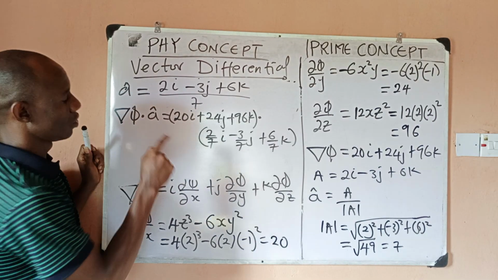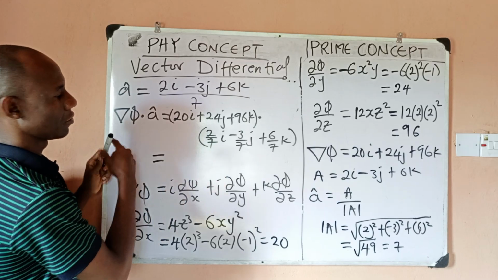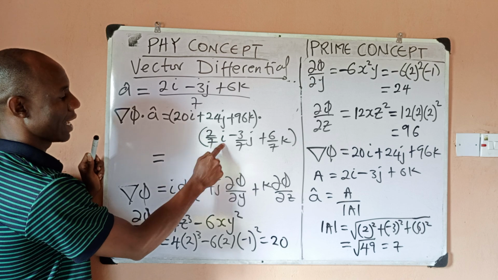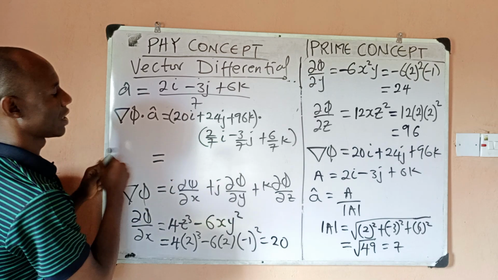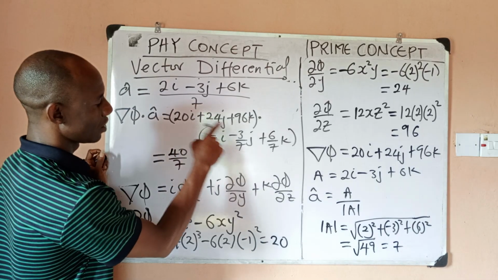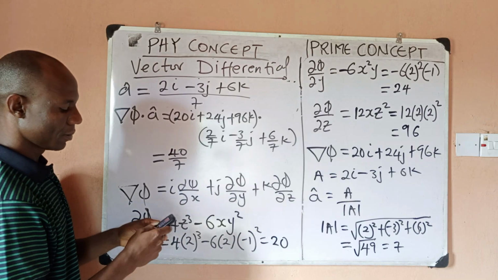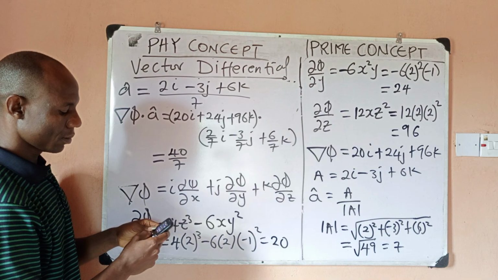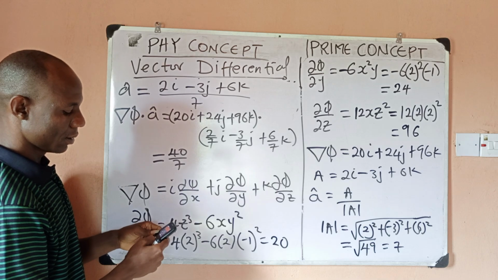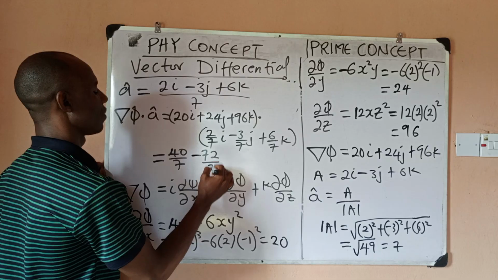So what I'm going to do is say 20 times 2 over 7. For the dot product, you only multiply those in the same direction, i. So I'll just say 20 times 2 over 7, which is 40 over 7. I'll say 24 times minus 3 over 7, which is going to give me minus 72 over 7.